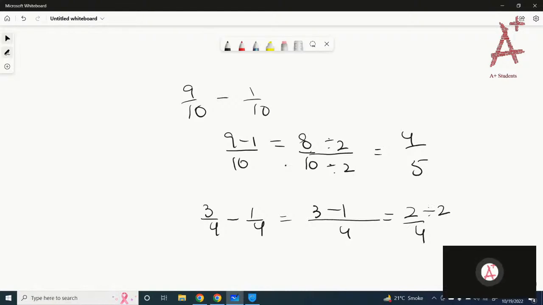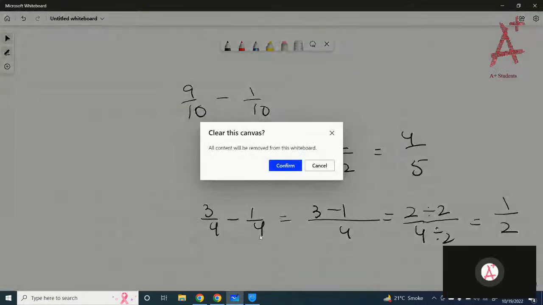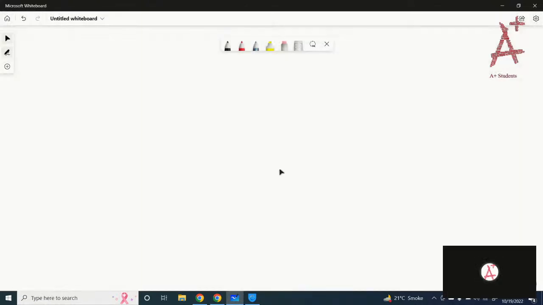Yes, we need to divide them by 2. So it would be 2 times 1 is 2 and 2 times 2 is 4. So the fraction in the simplest form is 1 over 2. Got it? So the correct option is 1 by 2.